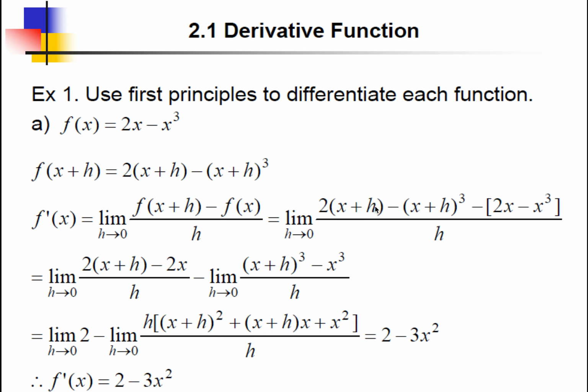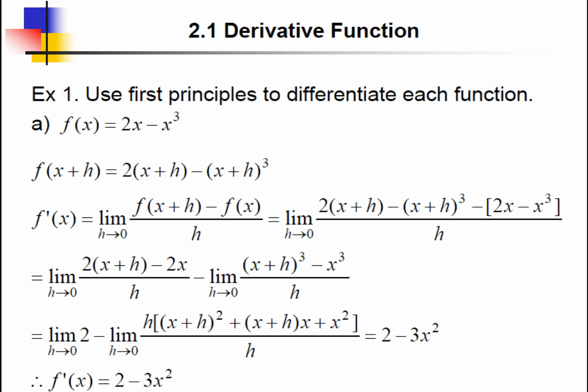So I grouped this and that, so it is 2 into x plus 2h minus 2x, and then I grouped the cubes together, this cube minus that cube. And remember, if you're finding the limit of the difference, we can split the limit.